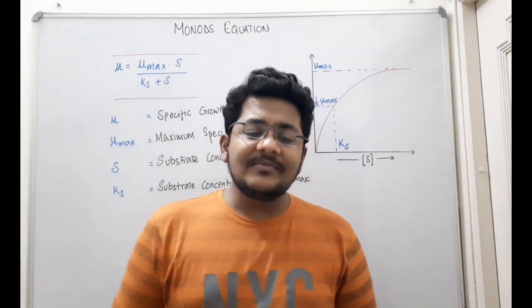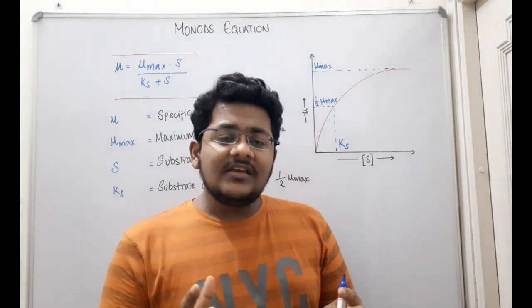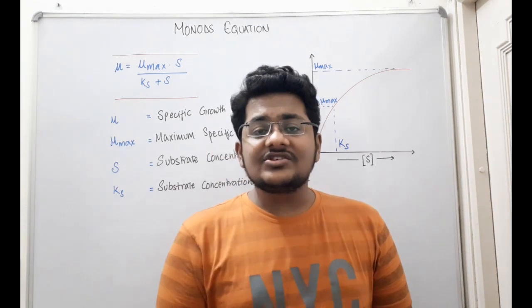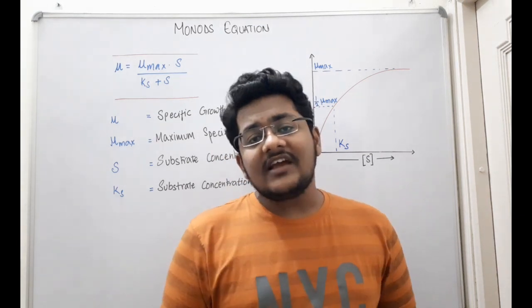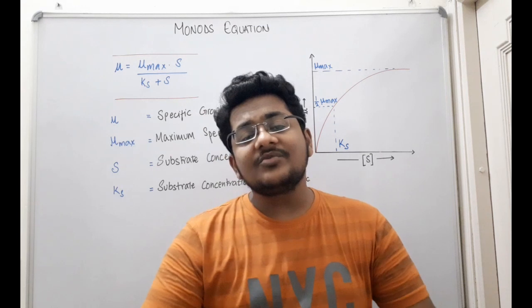In the Michaelis-Menten equation, we have a relationship between the rate of the reaction and the substrate which is present.